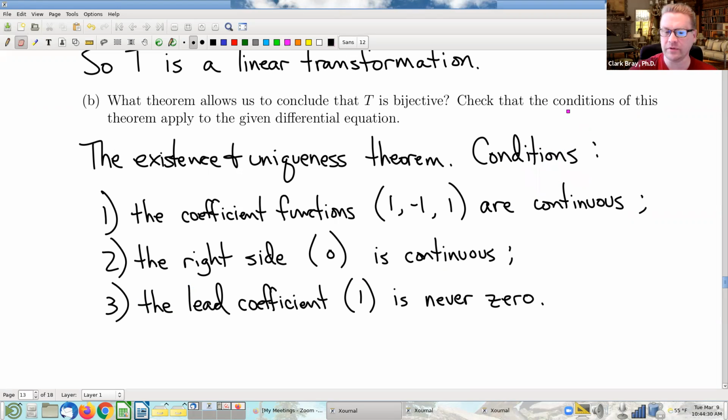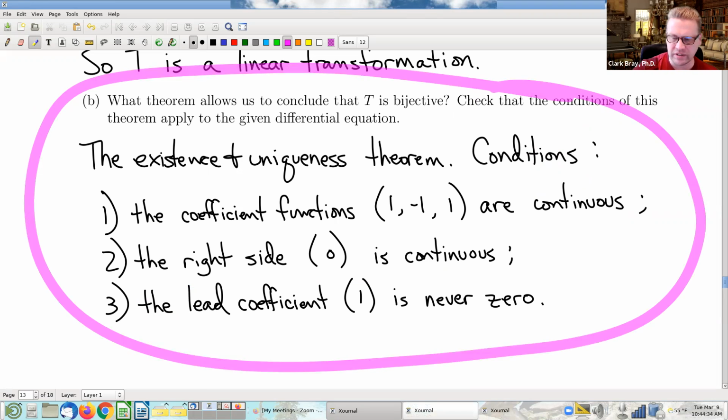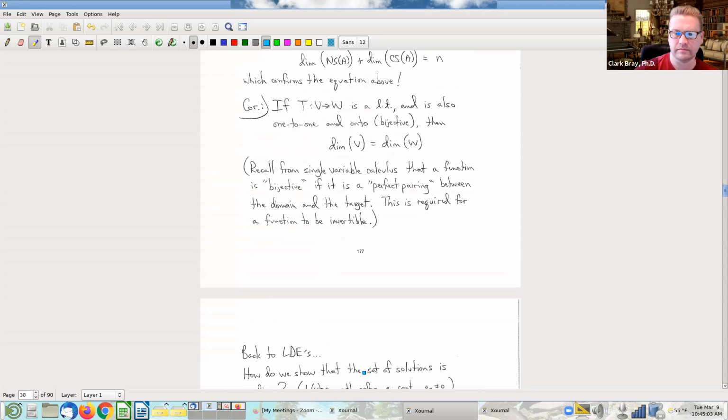All right, so again, notice what we're doing here is part B of the question is really just continuing on with the next part of the proof. The last part of the proof here was how does this fact allow us to conclude that the dimension is what we say it is? How do we know the dimension of S is n? Well, these two dimensions are equal because of this theorem, right?